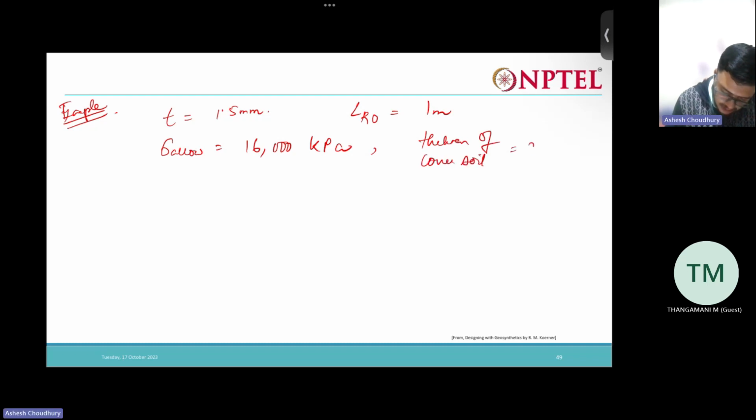Cover soil thickness same as before, 300 mm. Gamma, unit weight of soil, 16.5 kilonewton per meter cube. And this soil is also placed in the trench. So same properties.